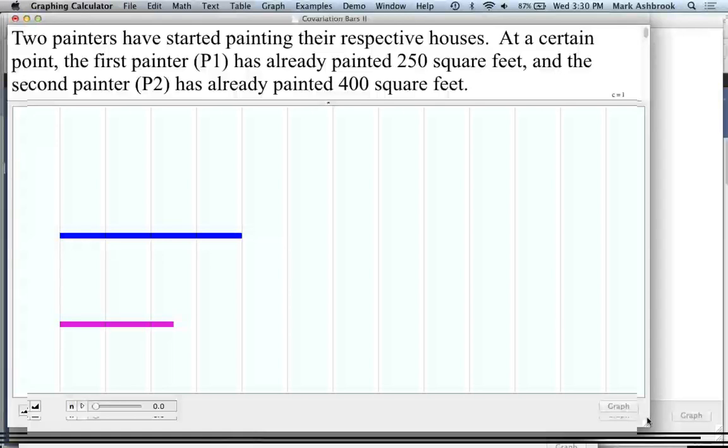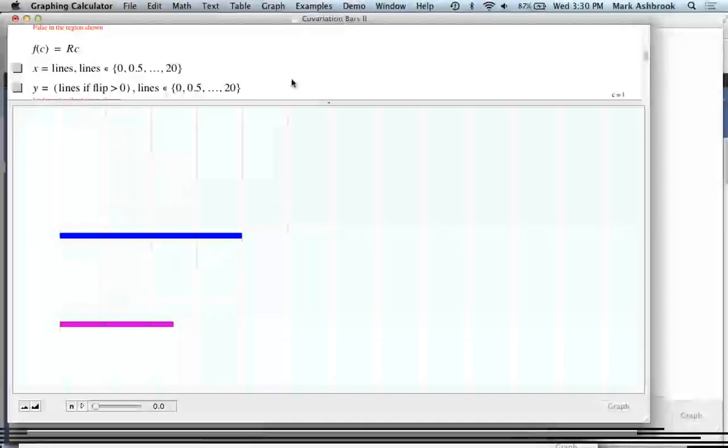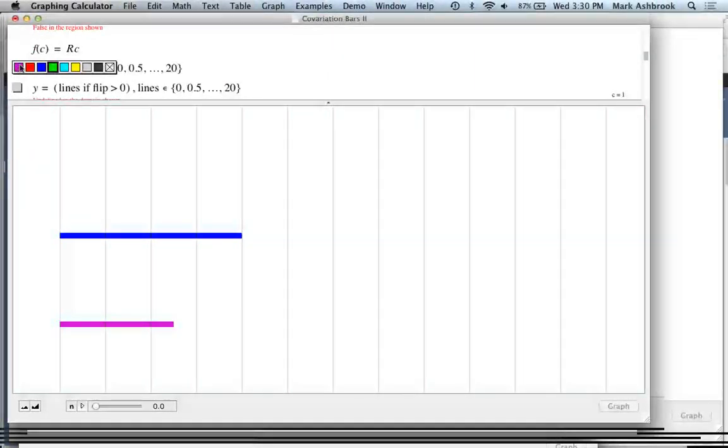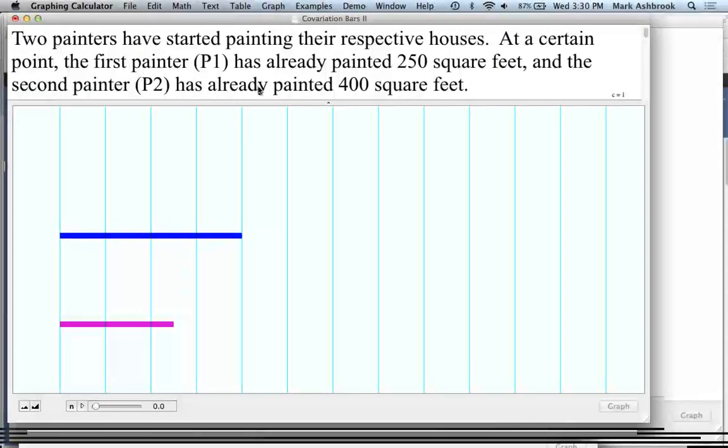Okay, so something's not showing up on this screen that I want to make sure shows up here. Does that show up now? Yeah. Got some vertical lines now? Okay, look at that. How might what you're looking at represent the given situation?